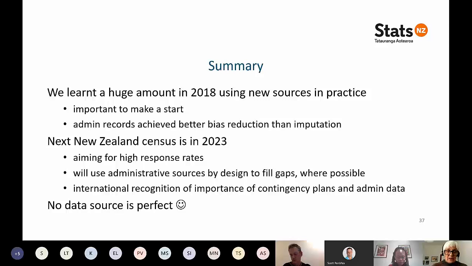But because we hadn't planned this use of administrative data in the 2018 census, we didn't have a conversation about social licence and whether people thought it would be good or not.